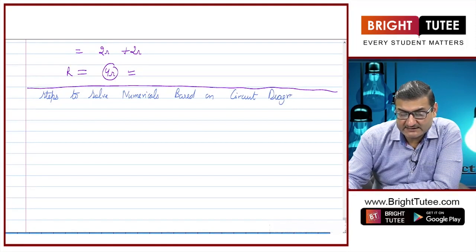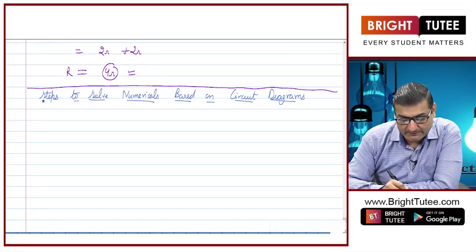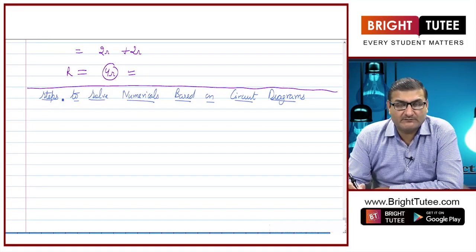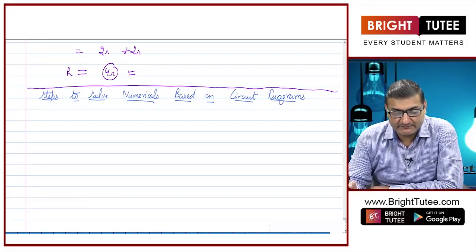There are different ways in which questions may be asked. We will be discussing it one by one. Initially, we are talking about the first type of questions. The various types I will be discussing as and when we proceed further.